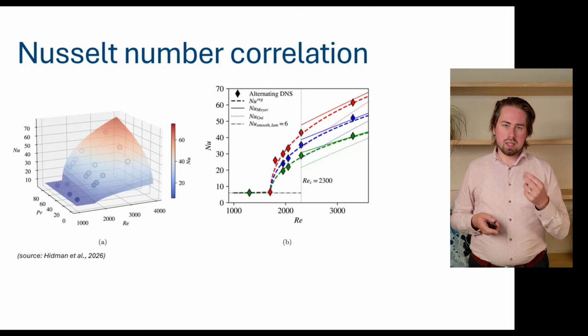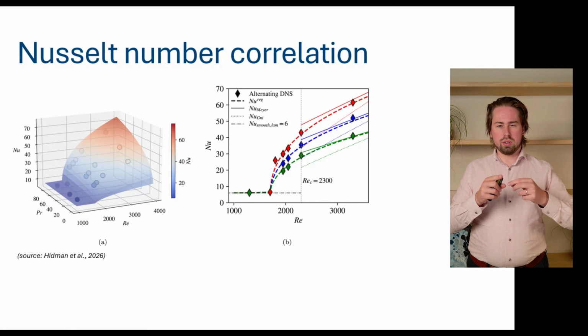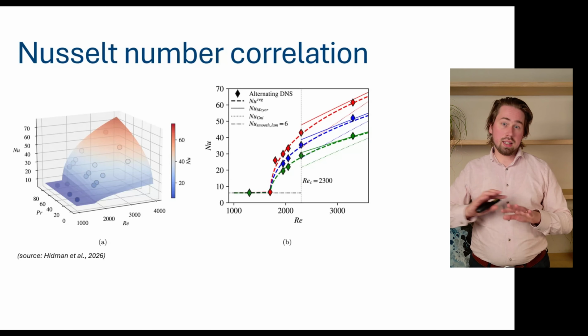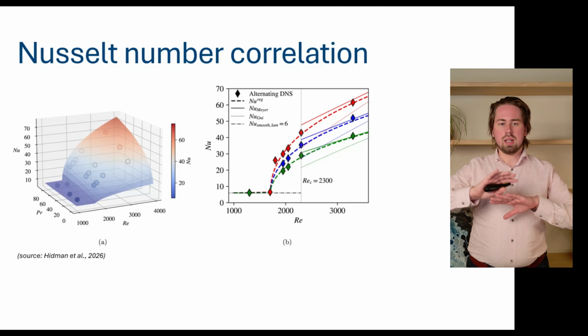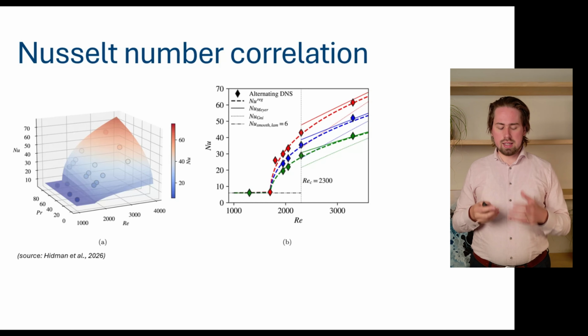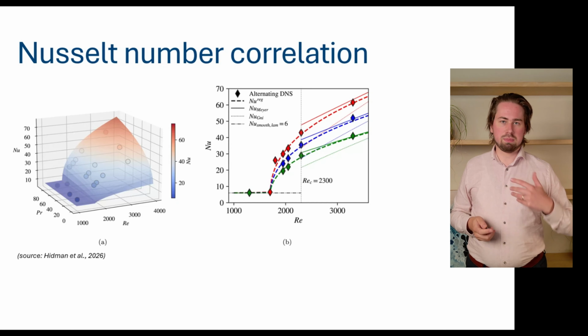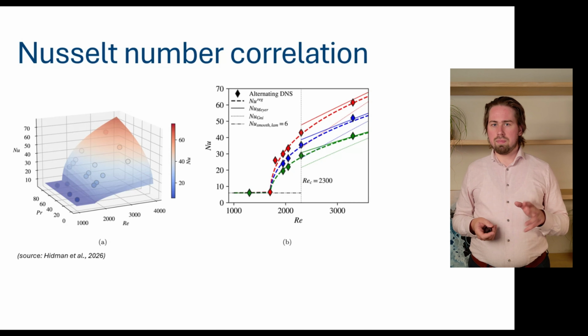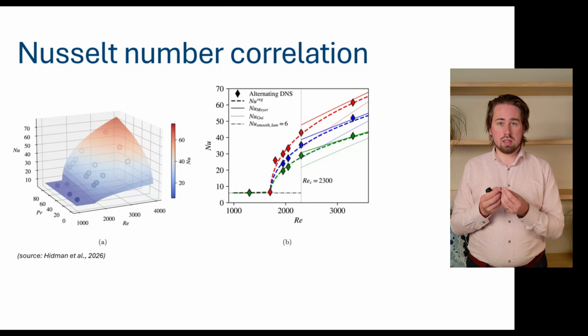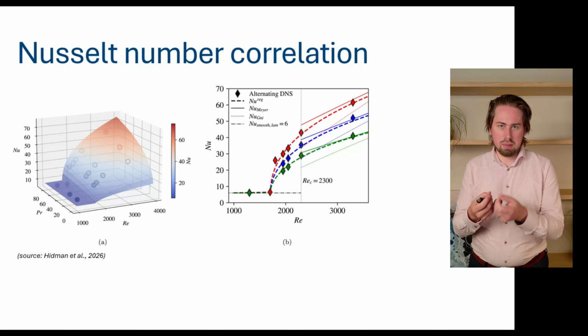What you can also see here is that we have 3 different colors, so it's basically a map made in 2D. The correlation is a surface, and that's because we also have different Prandtl numbers. Without going too much into detail, Prandtl numbers also tell us something about the fluid's behavior.